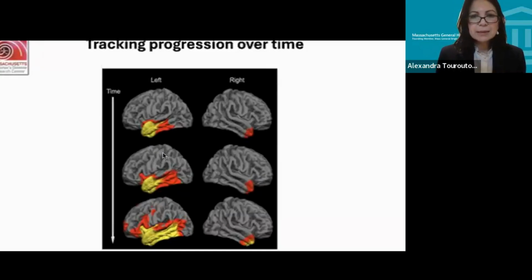What happens is that early on, you have atrophy, shrinkage, in the temporal pole, at the very tip of the temporal lobe. But as time goes by, although the atrophy starts at the tip of the temporal lobe, it spreads, and this is how we are able to track the progression of the disease. It starts to involve more brain tissue.